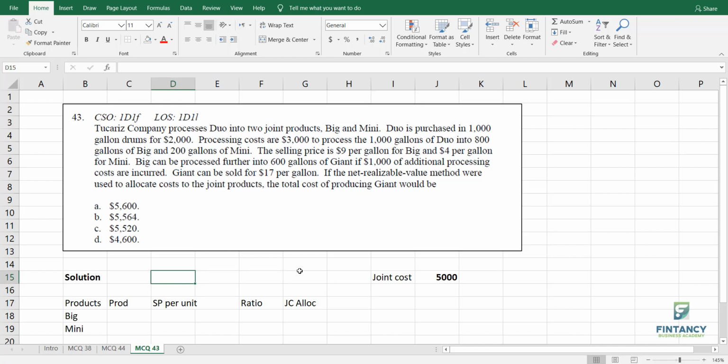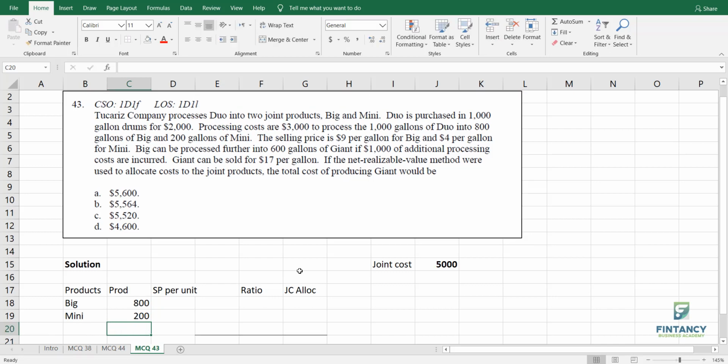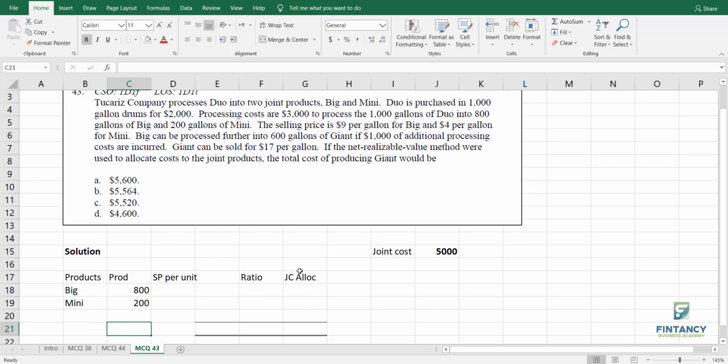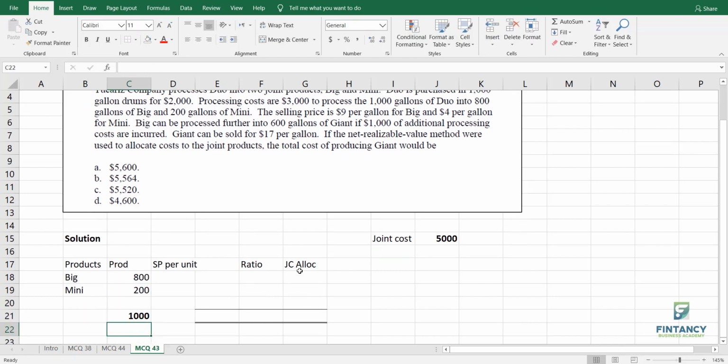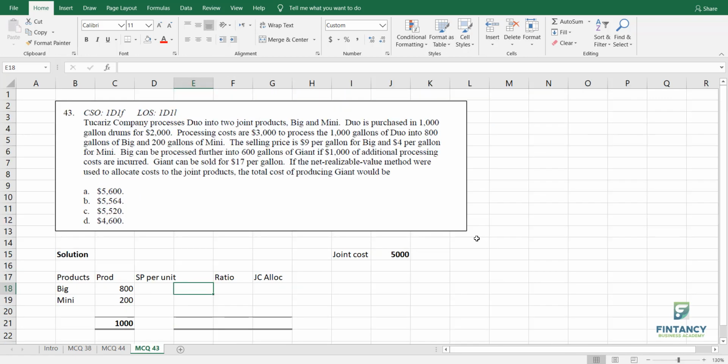So these 1,000 gallons of the raw material we process into 800 gallons of big and 200 gallons of mini. So total is 1,000. It means there is no loss. If you see, there is no loss, right, everyone? Because there was 1,000 gallons of the raw material and 1,000 gallons of the finished goods.